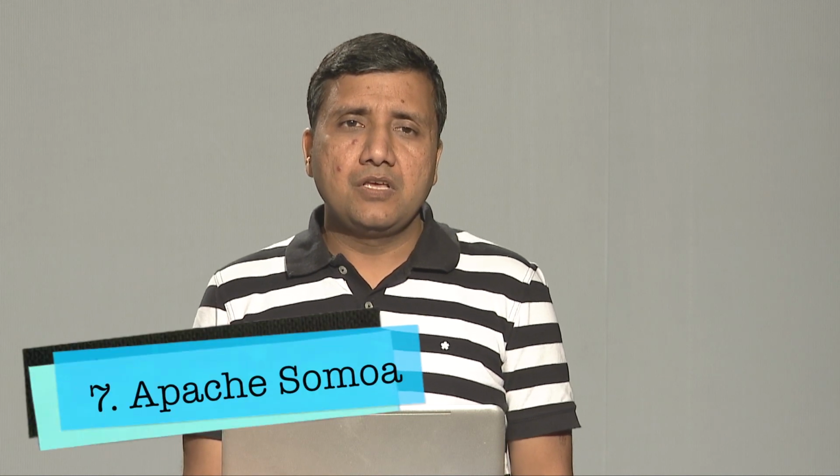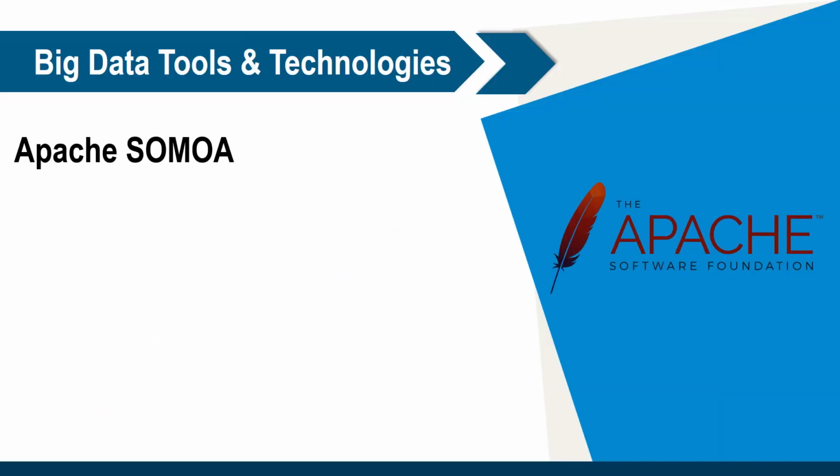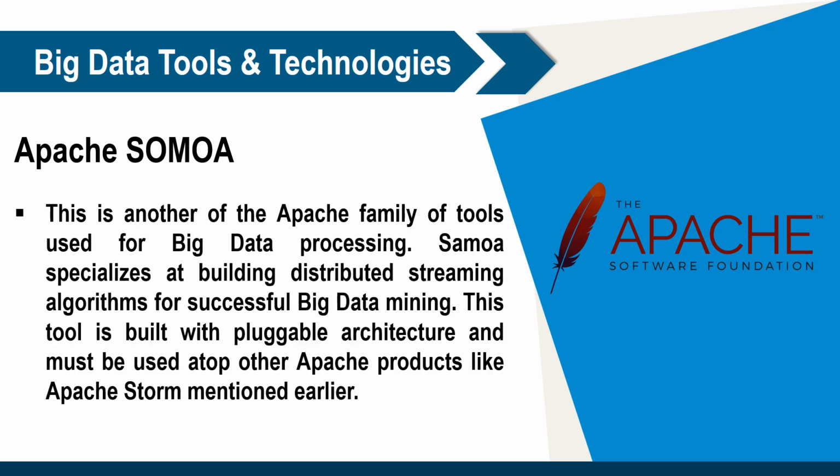Other 3 technologies are Apache Samoa. This is another Apache Foundation tool, which specializes in building distributed streaming algorithms for successful big data mining. This tool is built with a pluggable architecture and must be used along with other Apache products.